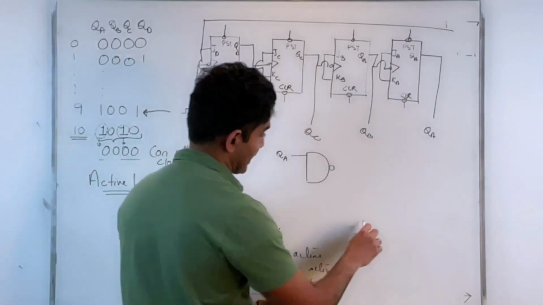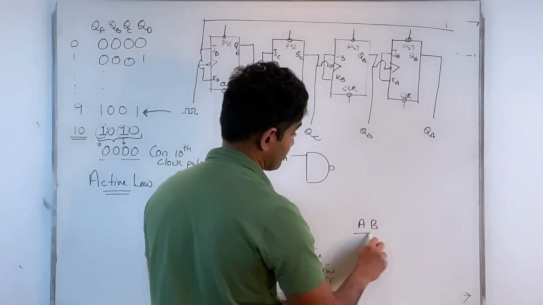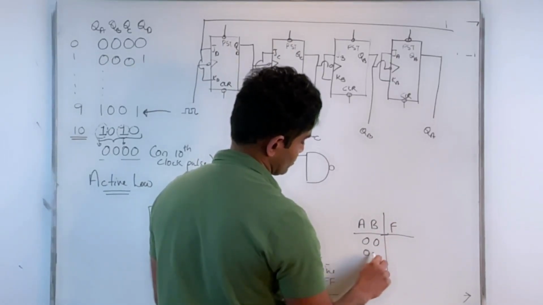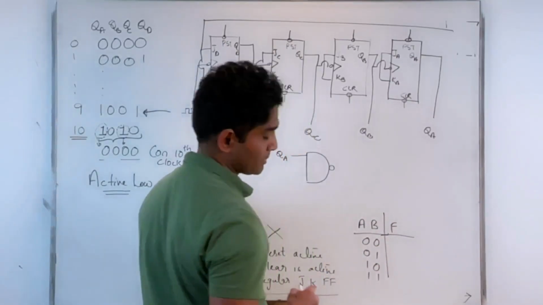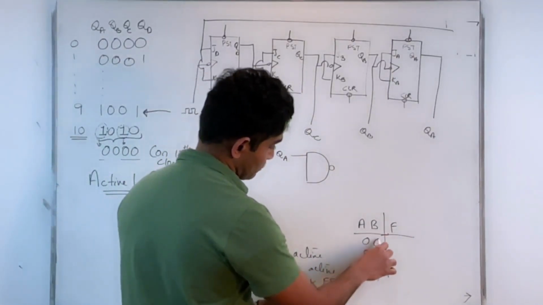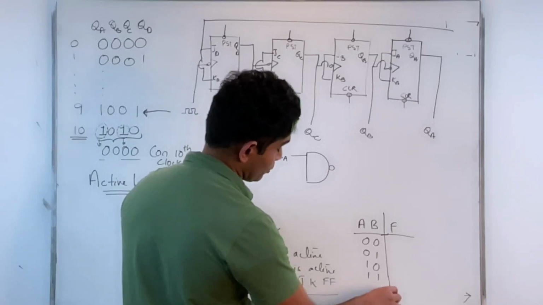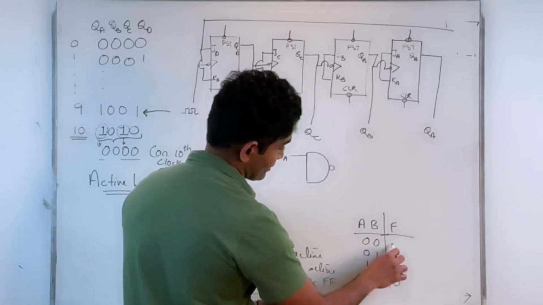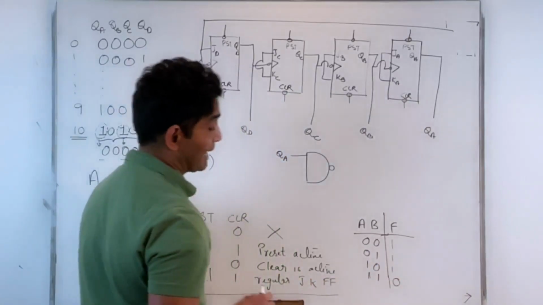Again, remember that for a NAND gate, you have two inputs A and B, and output F, for 0 0, 0 1, 1 0, 1 1. Only when both inputs are 1s is the output 0. For the rest of them, the outputs are all 1s for a NAND gate.